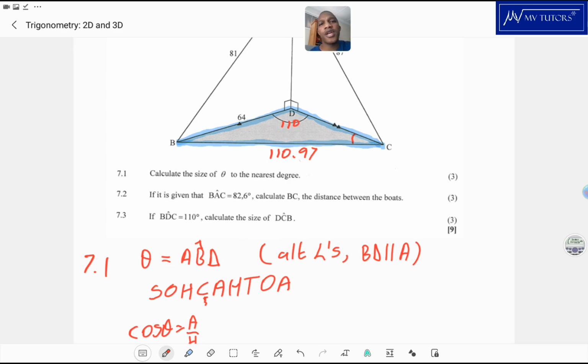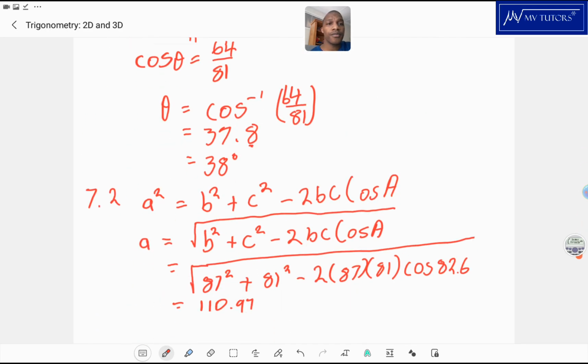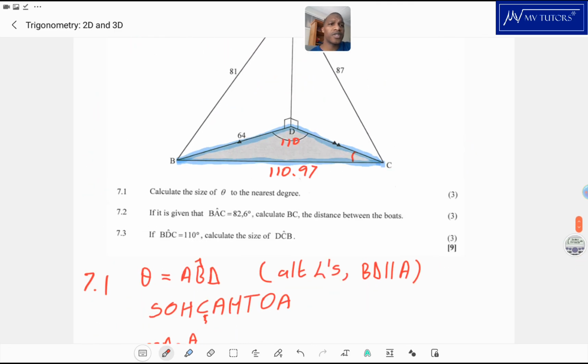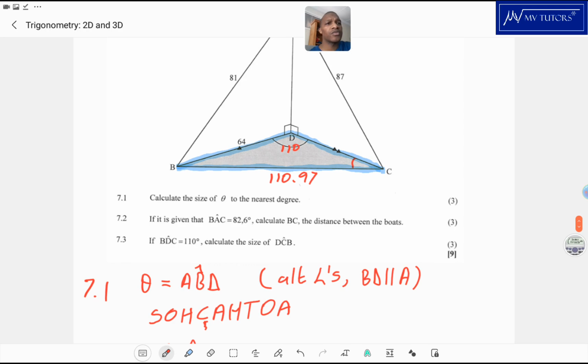So we can use the sine rule. Which one are we gonna use? It's easier if we use the one with the angles on top, because we're looking for an angle. If we're looking for a side, then we use the one with the side on top. So let's give it names.